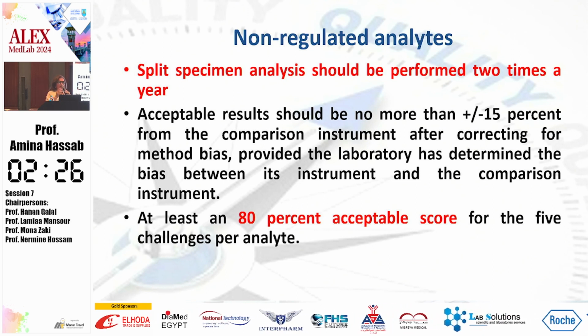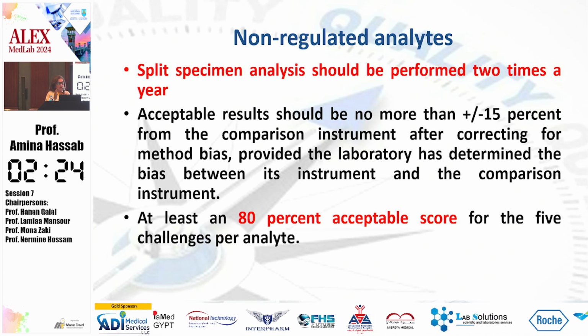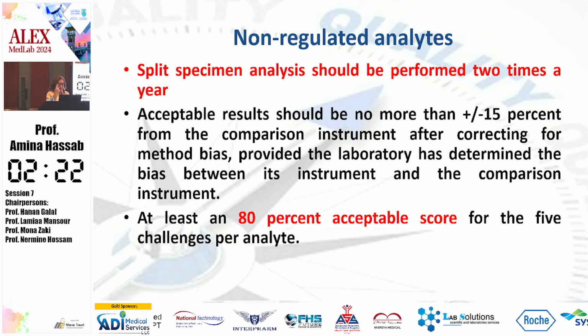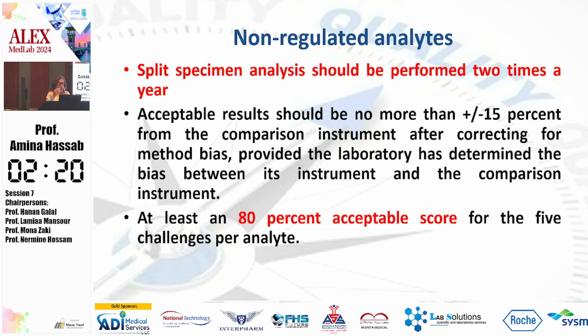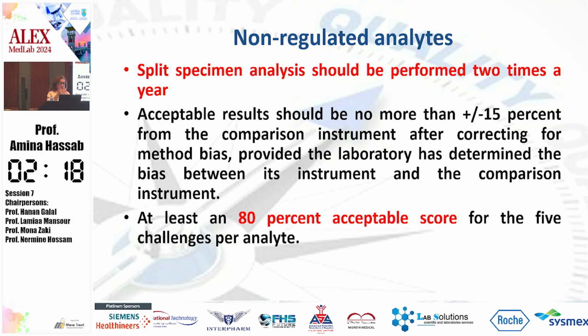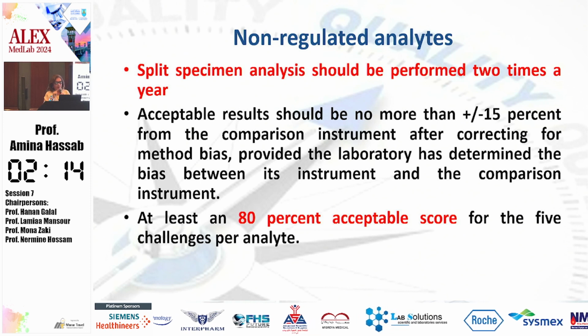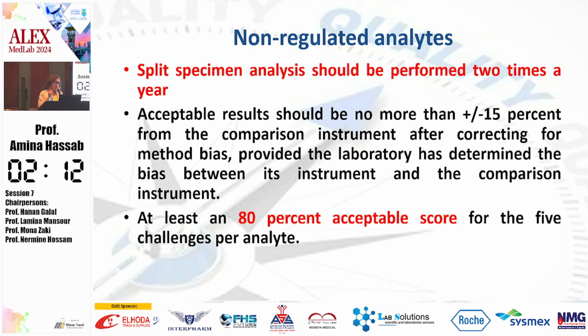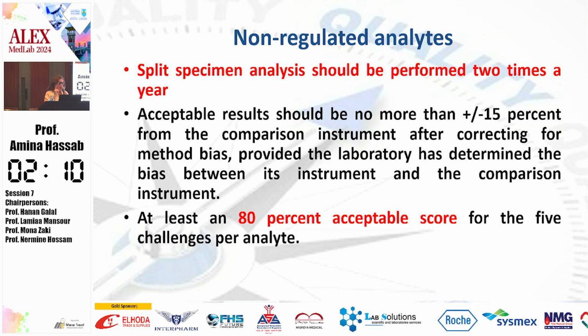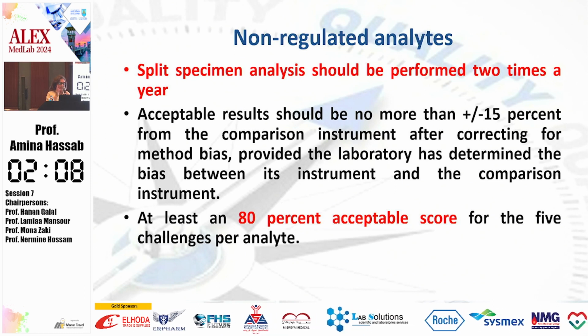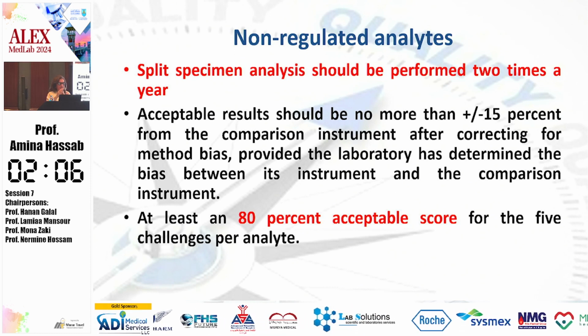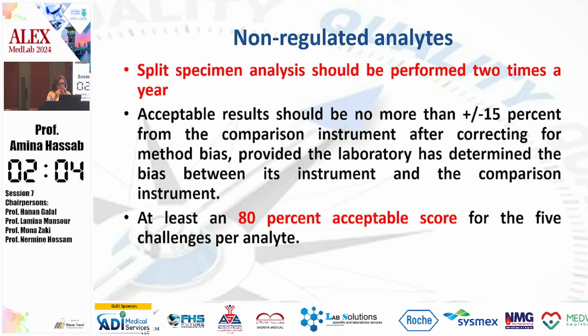And I will not send one sample only. I have to send a group of samples to be analyzed in lab B, and at least 80% of the score for the group should be accepted. That is, I cannot accept if there is a difference of more than 20%.